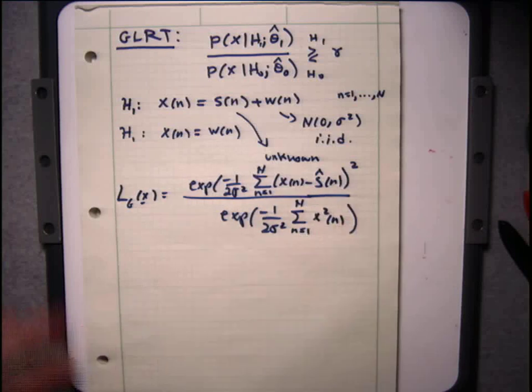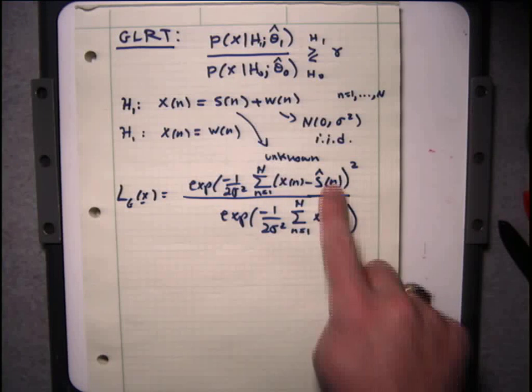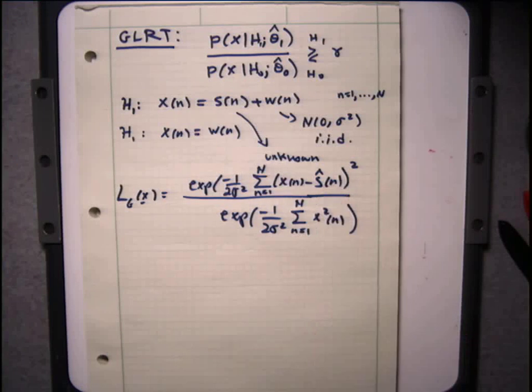The coefficients in front just cancel out because they have the same variance. This s hat that I've put in here is, of course, the maximum likelihood estimate.